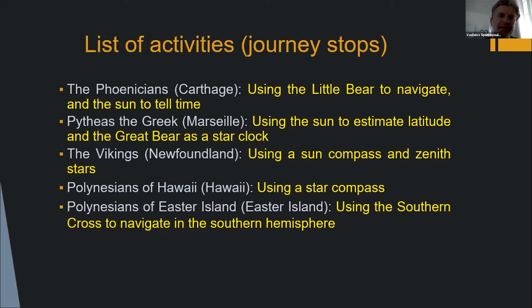So there are activities based on showing us how we can use this constellation. A lot of you will know that it's located very close to true north. Nowadays, the most famous star in this constellation, Polaris, is almost bang on true north.